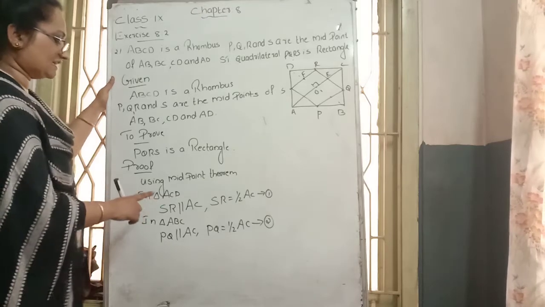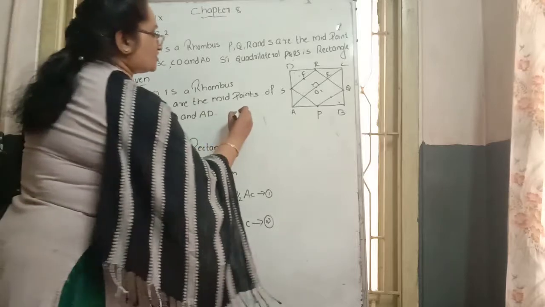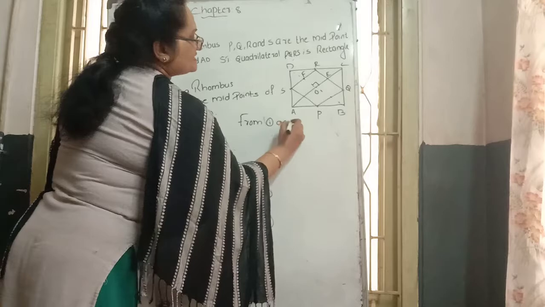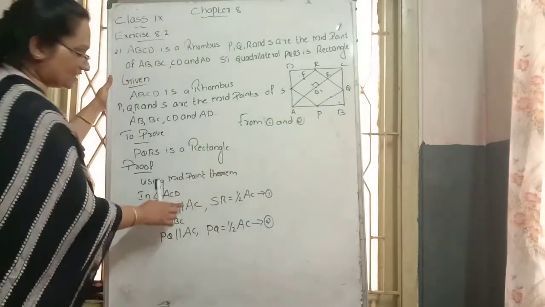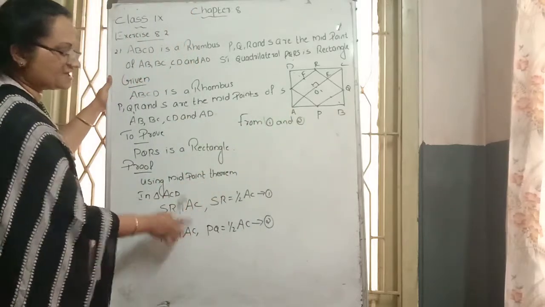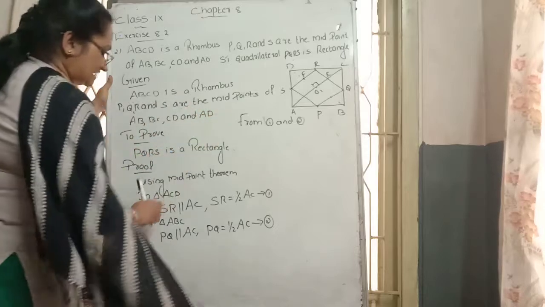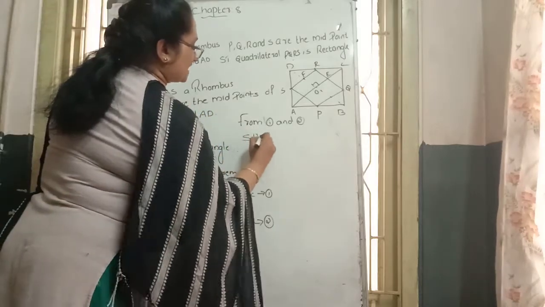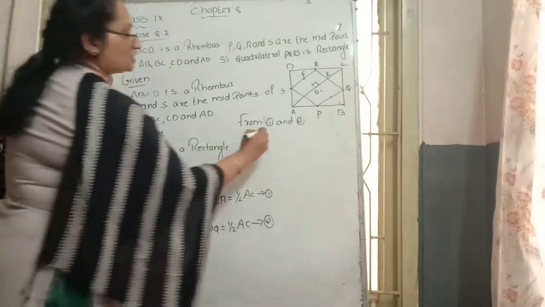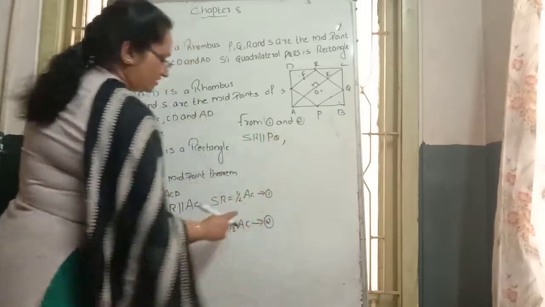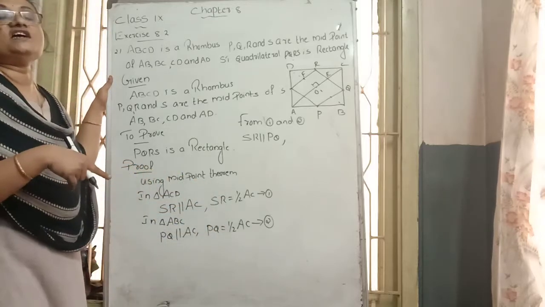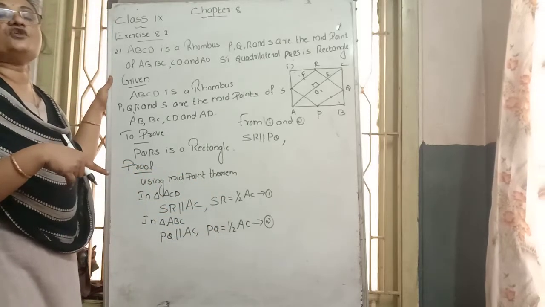What can we conclude from the first and second equations? Both right sides are equal. On the left side, SR is parallel to which side? PQ. And SR and PQ are both equal to half of AC.